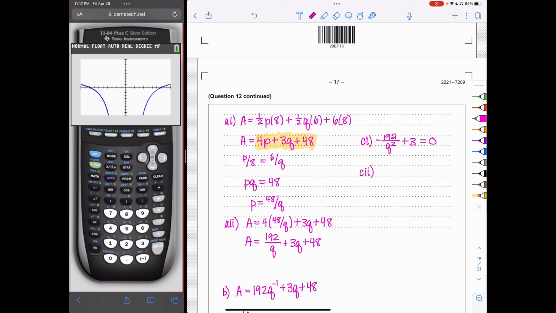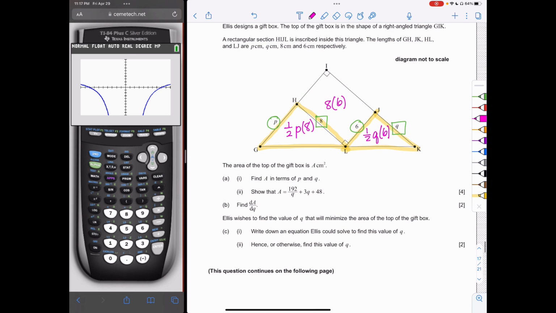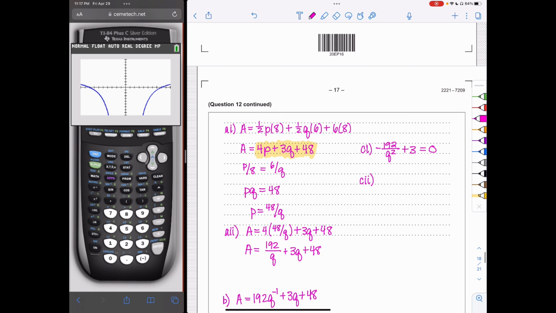I see that it cuts my x-axis twice, so I should already understand that I have two possible values here. If I have two possible values, I'm trying to see where there is a minimum, so I'm trying to see what the lowest area would be.